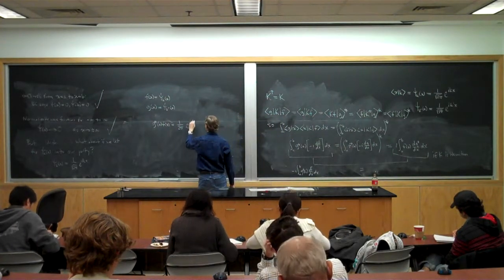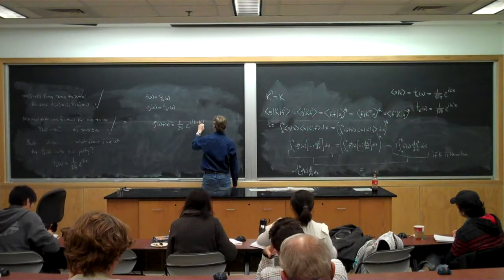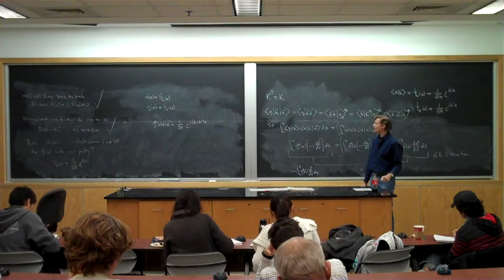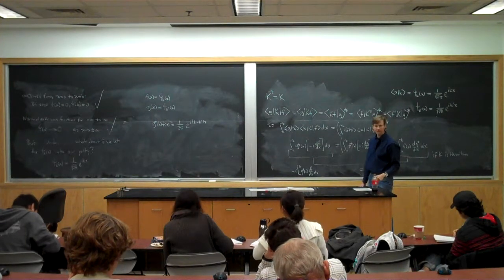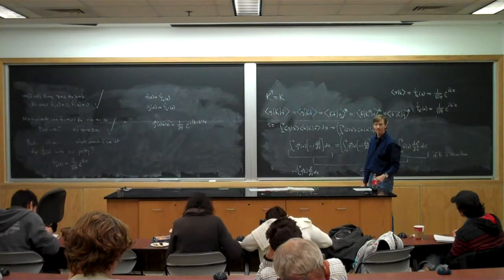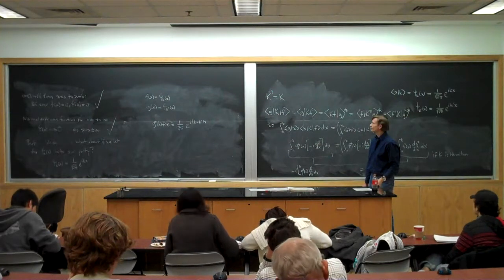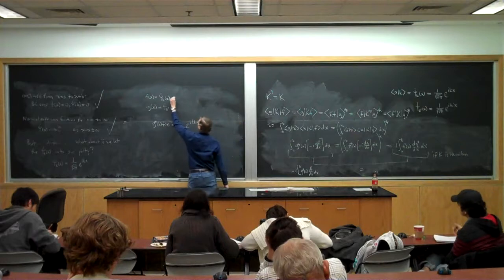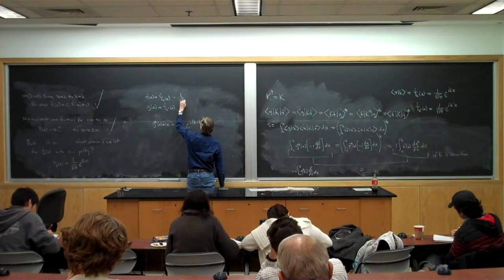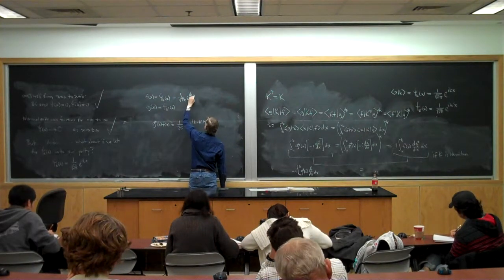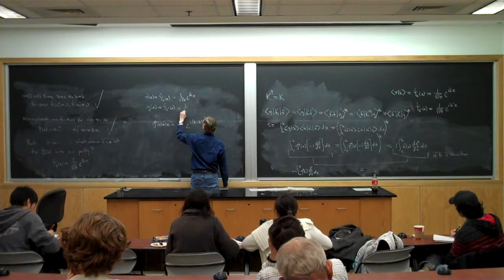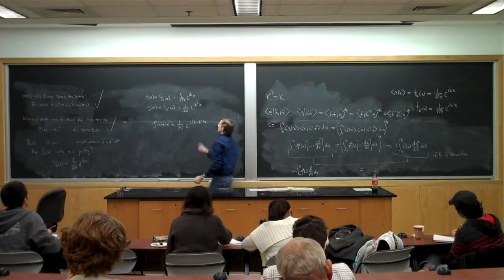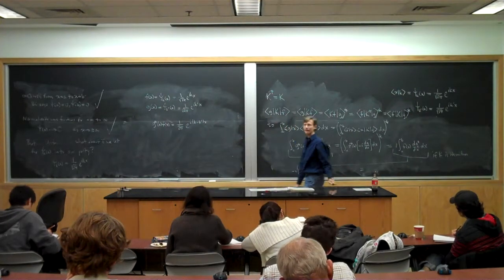So e to the i(k minus k prime)x is what g star of x f of x is, if I did that right. I believe I did. Because f of x is 1 over root 2 pi e to the ikx, g of x is 1 over root 2 pi e to the ik prime x, so when I star g of x, I get e to the minus ik prime x.